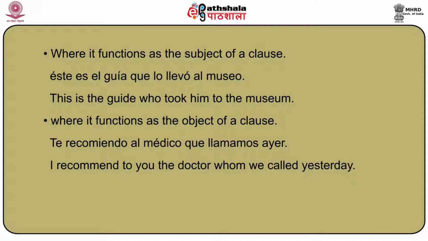Another place where we use que is where it functions as the object of a clause. In the example given, que refers to al médico, the object of the verb recomiendo in the main clause. Que functions as the direct object of the verb llamamos in the relative dependent clause.